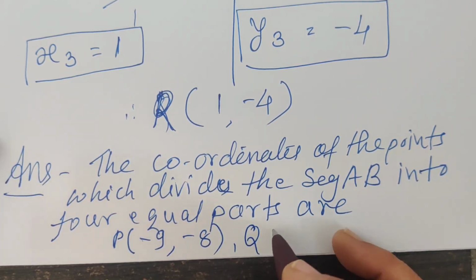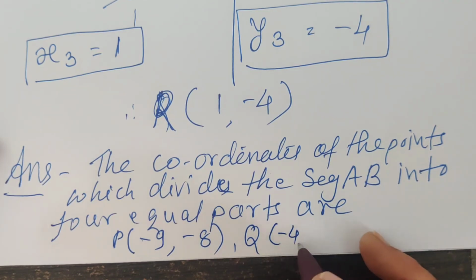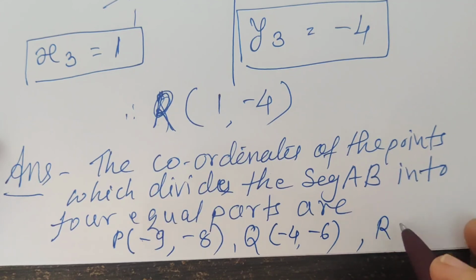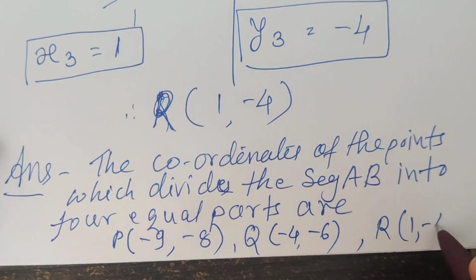Q's coordinates also you got, they are -4 and -6, and R's coordinates are 1 and -4.